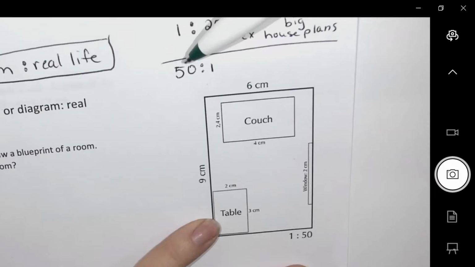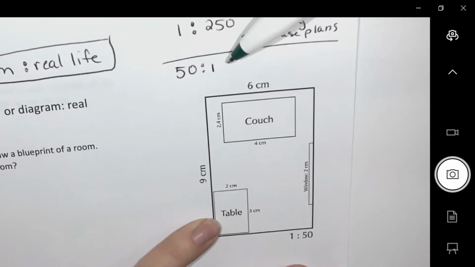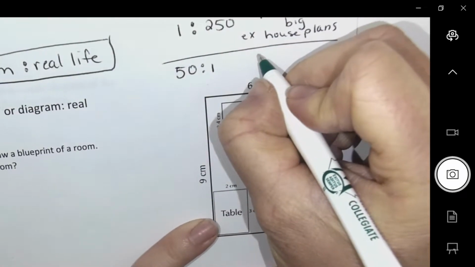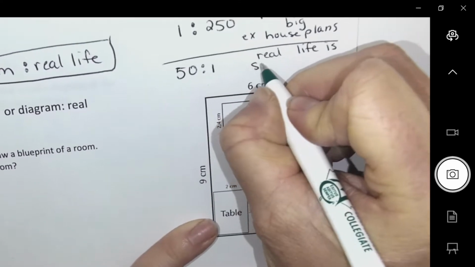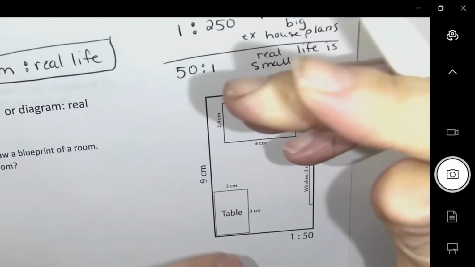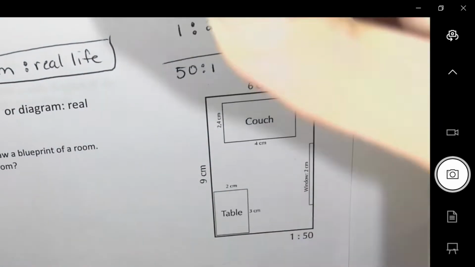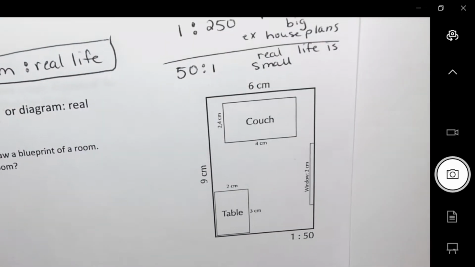Every 50 on the diagram is only 1 in real life. So now the real life is small. It's really small. Because we could hardly see it, we kind of blew it up for our paper.